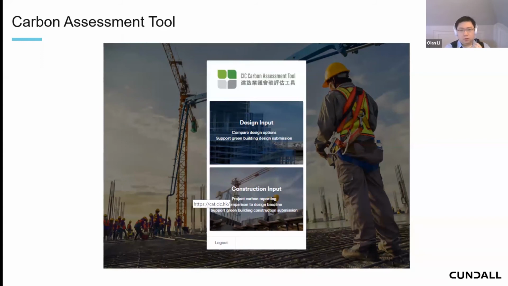And also quite useful is that during construction, the contractors or the builders will have a login for the project. They cannot edit the design information, but they will feed into the tool using the data from construction, almost like comparing the as-built data with the design.